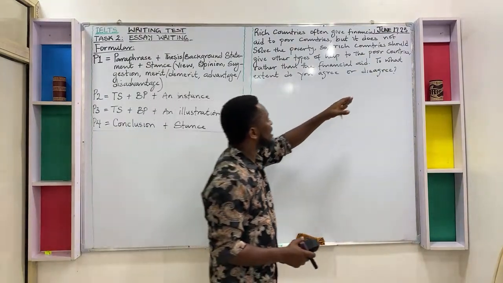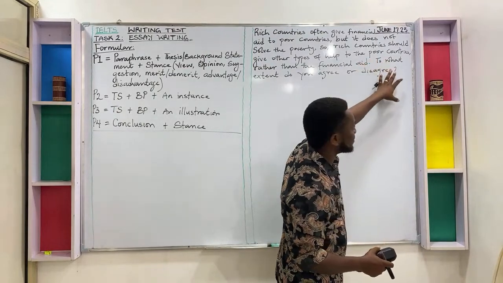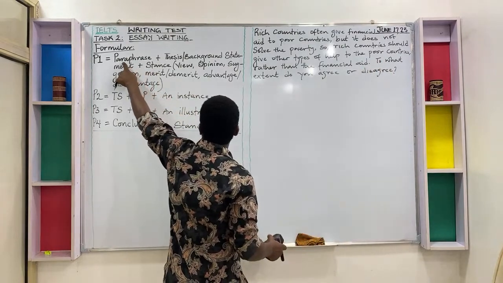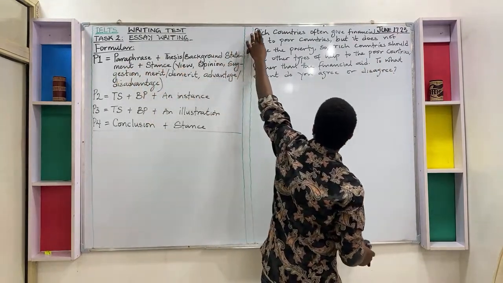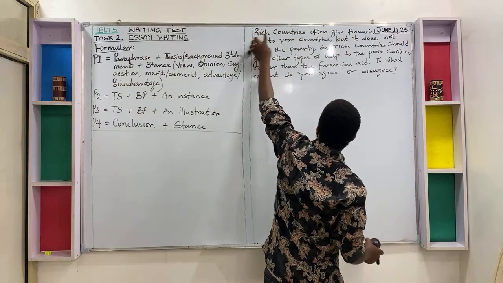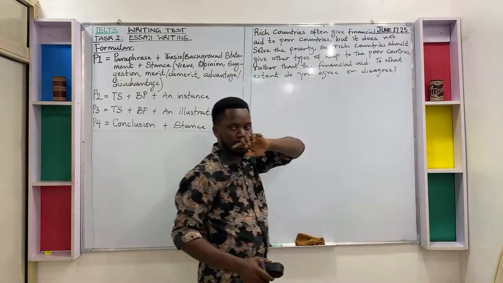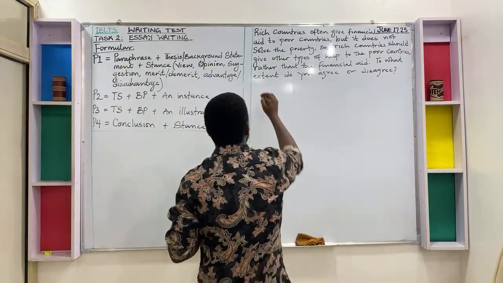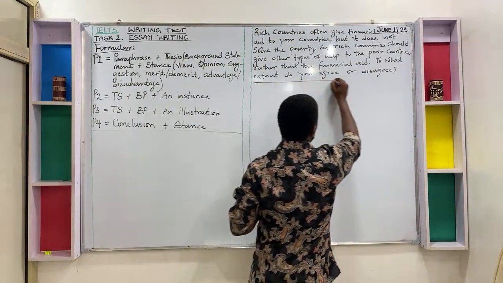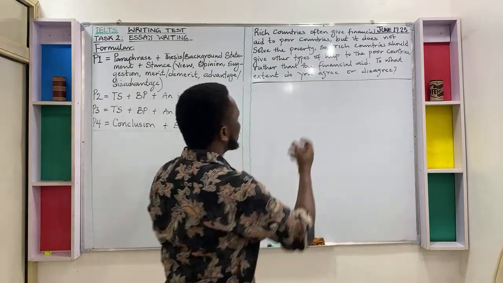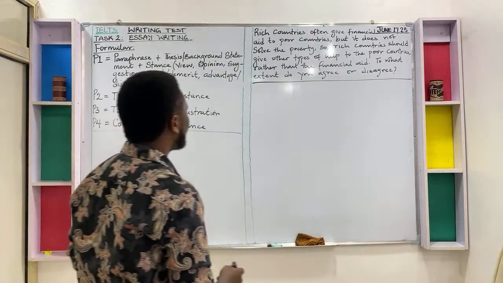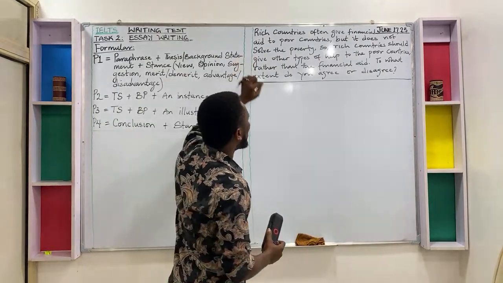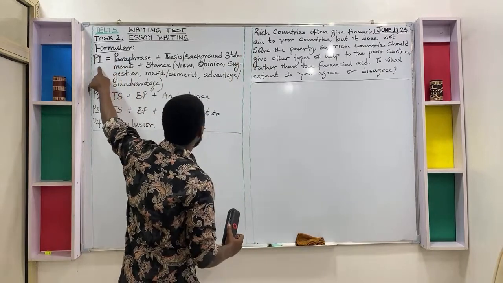So you do not necessarily need to paraphrase it from this part. No. You don't need to talk about this part when you are paraphrasing. You only need to copy this content that starts from rich and ends at it. You understand? So once you are given your question such as this, the first thing you are expected to do is to copy this question onto your answer paper at the beginning of your paragraph 1.